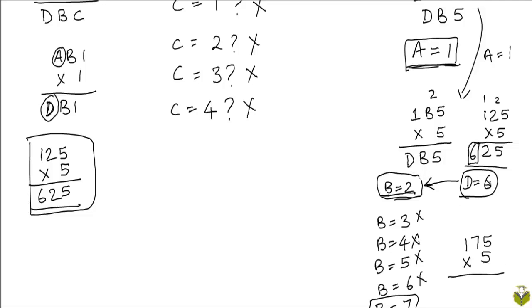So let's actually do this operation and see whether we can map it to this format. 5 times 5 is 25. 5 times 7 is 35. 35 plus 2 is 37. 5 times 1 is 5 and 5 plus 3 is 8. So we get 875 as the result.